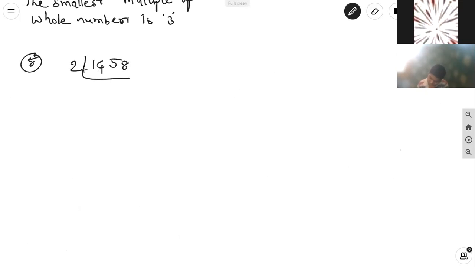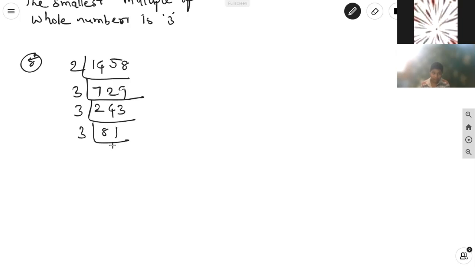Here it is an even number, so choose 2, the minimum prime number. 2 7s are 14, 2 2s are 4, 2 9s are 18, then 3: 3 2s are 6, 3 4s are 12, 3 3s are 9, 3 8s are 24, 3 1s are 3, 3 9s are 27, 3 3s are 9. 3s are in pairs.